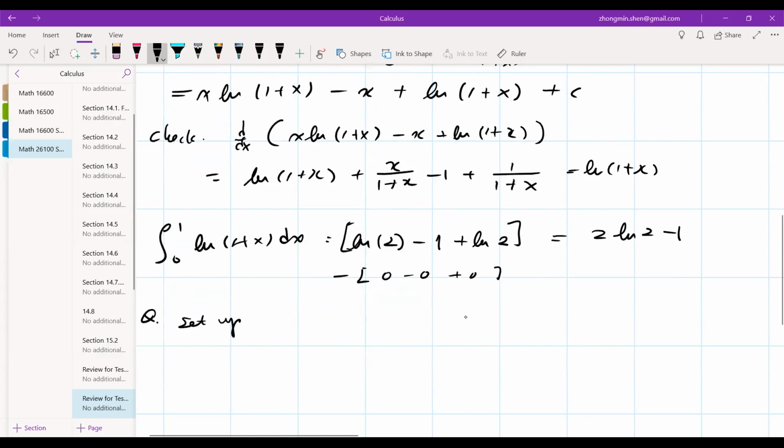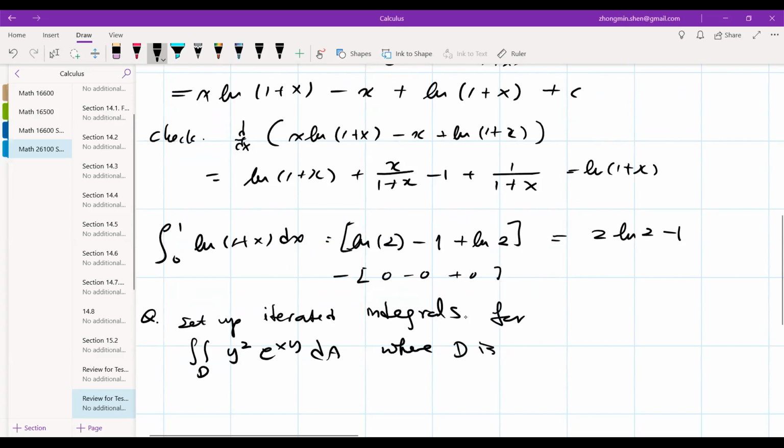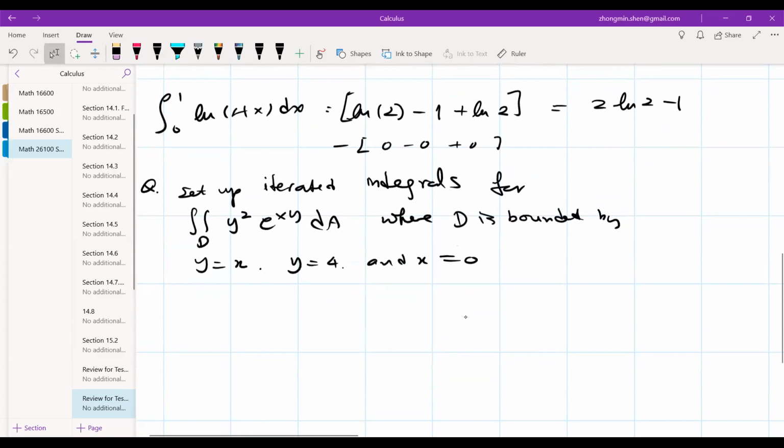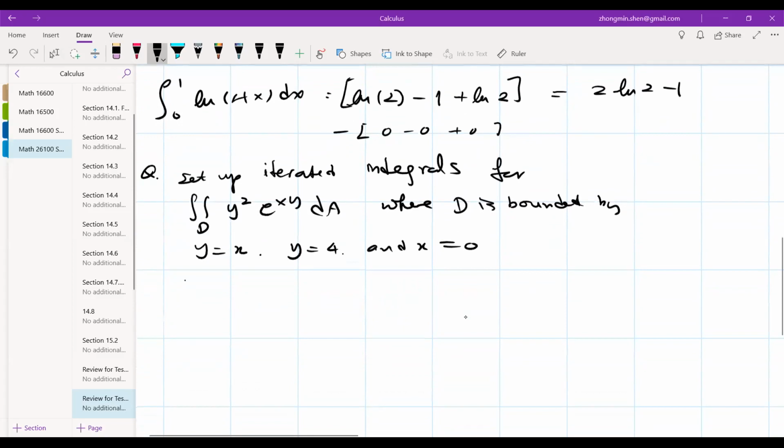Set up iterative integrals for this double integral, where D is bounded by y equals x, y equals 4, and x equals 0. And then evaluate one of them.